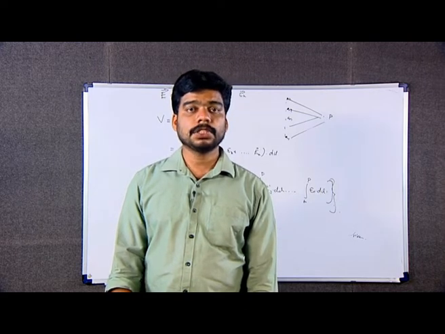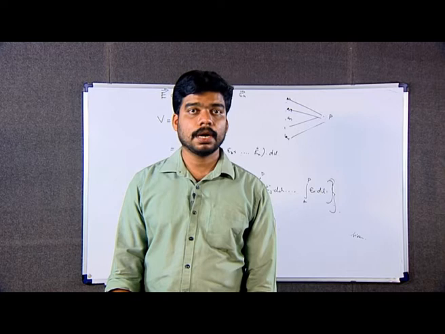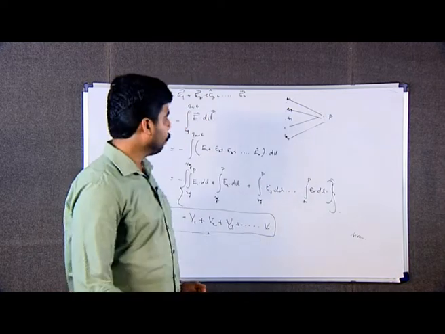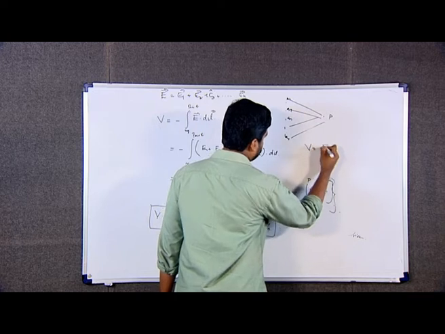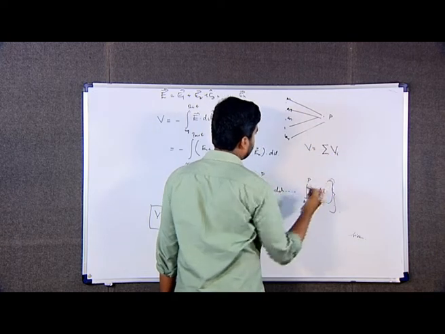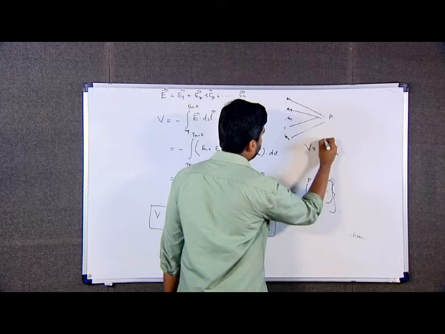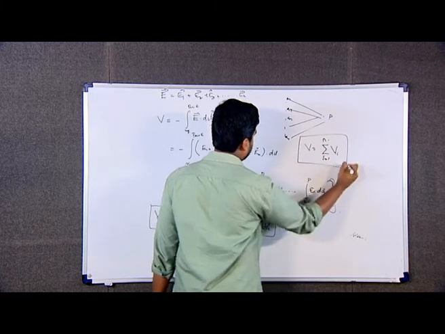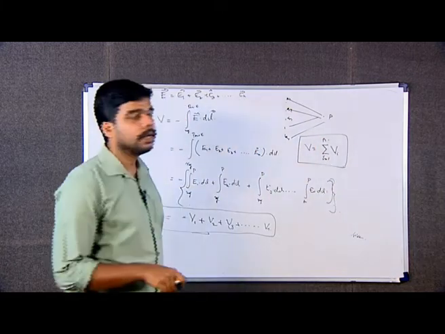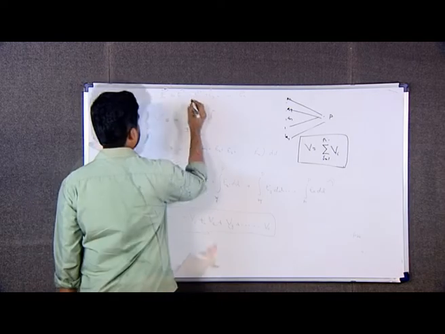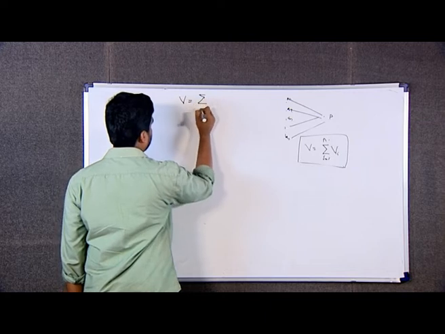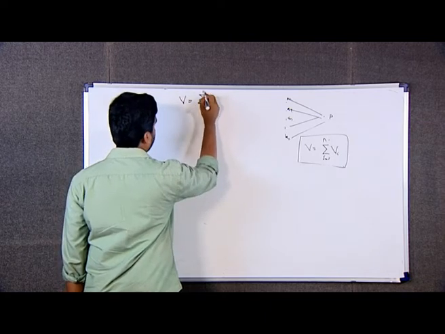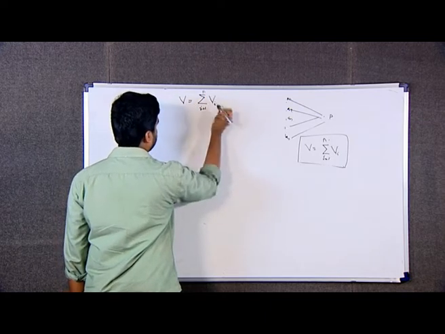Now, I can write V is equal to sigma V I. If there are n charges, I runs from 1 to n, so in general V is equal to sigma I is equal to 1 to n of V I.